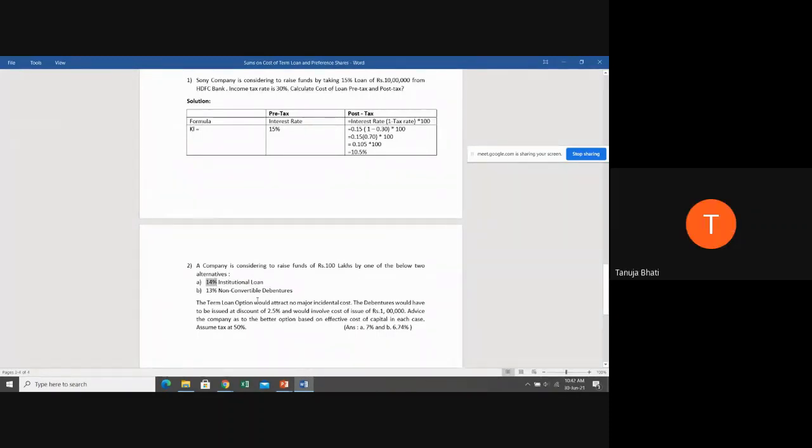In the bracket 1 minus tax rate, what is the tax rate? 50%, into 100. So when you solve this, you will get KL as 7%.